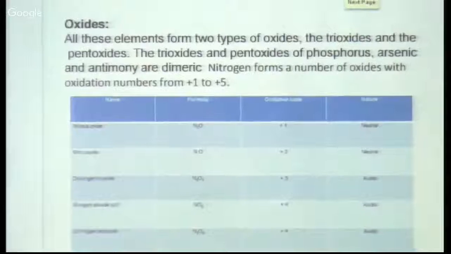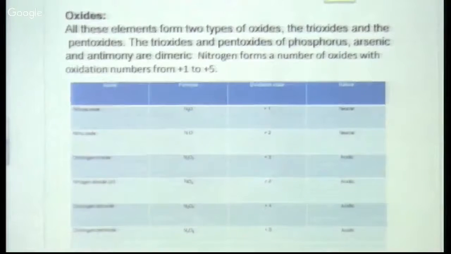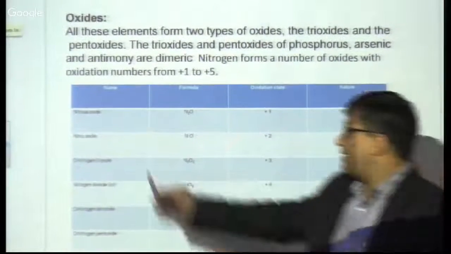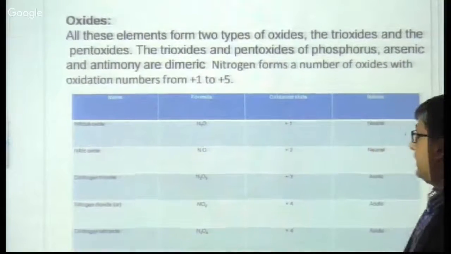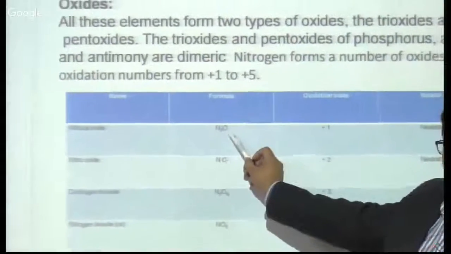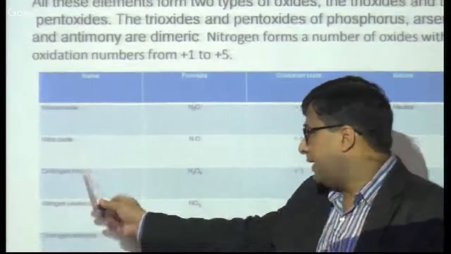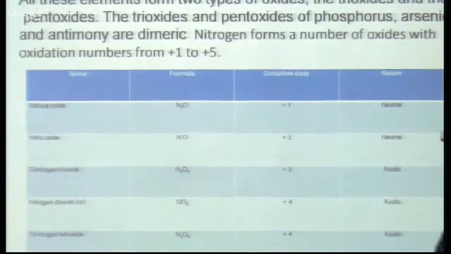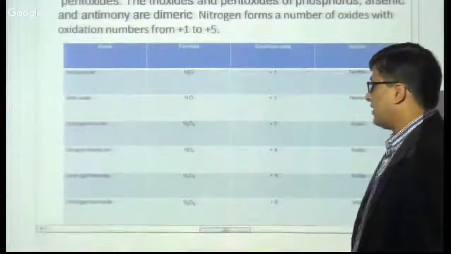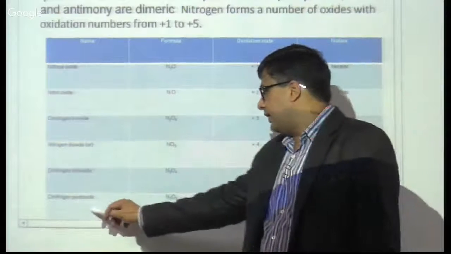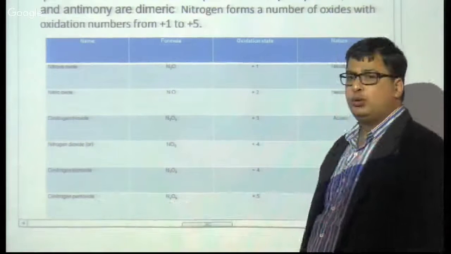Oxides of nitrogen as well as oxides of phosphorus are very common. Nitrogen forms its first oxide, nitrous oxide, N2O, nitric oxide, NO, dinitrogen trioxide, N2O3, nitrogen dioxide, NO2, dinitrogen tetraoxide, N2O4, dinitrogen pentaoxide, N2O5.